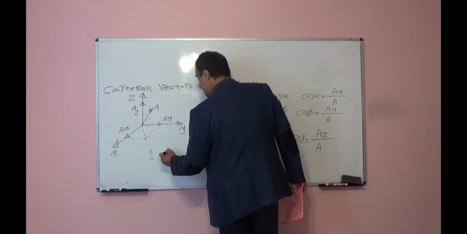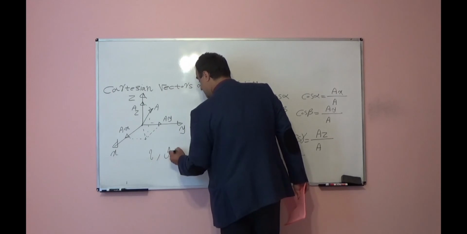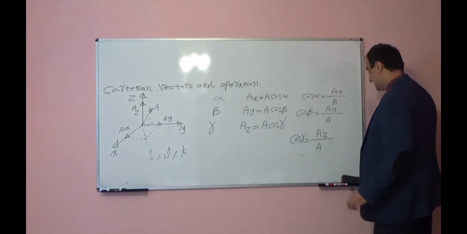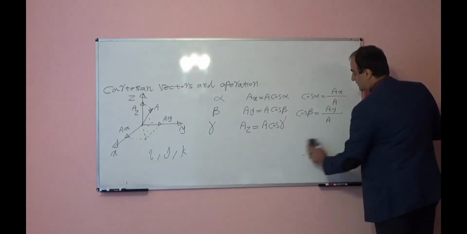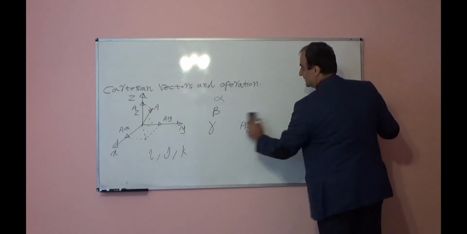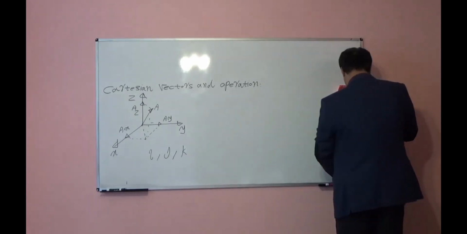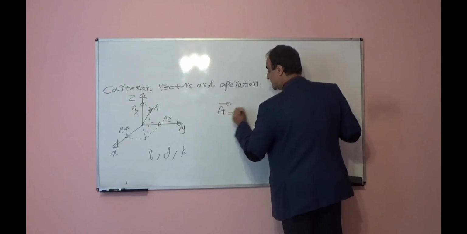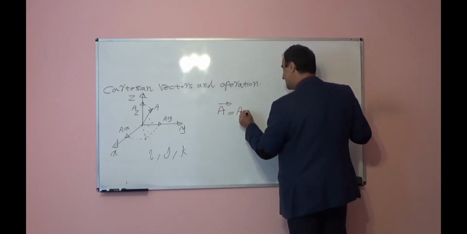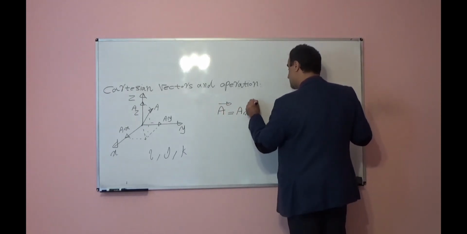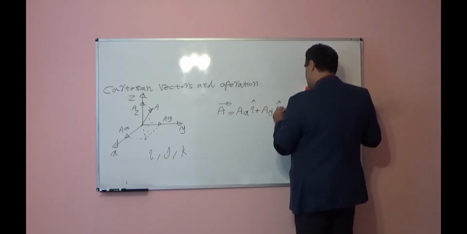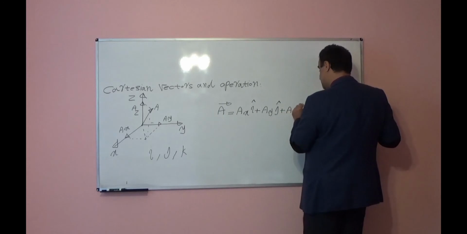The unit vector in the y direction will be j. The unit vector in the z direction will be k. So I can represent vector A is equal to Ax i plus Ay j plus Az k.